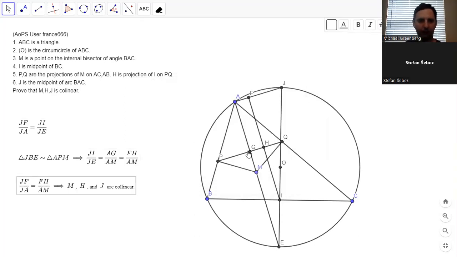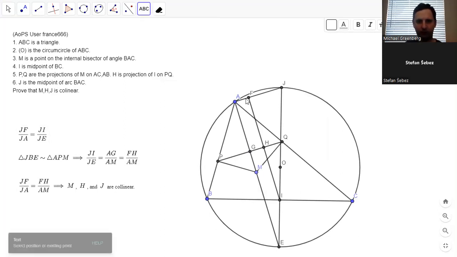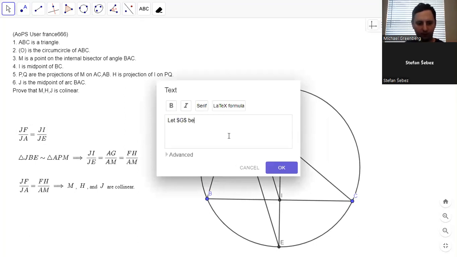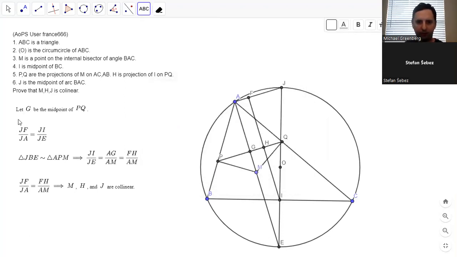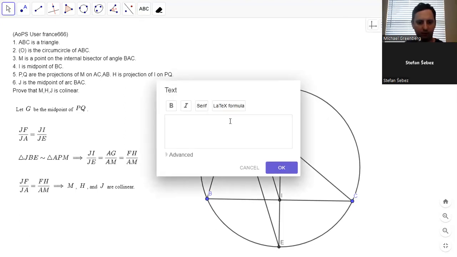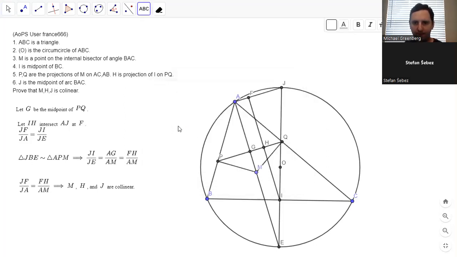Okay, so we already defined that. We just need to define: let G be the midpoint of PQ, and let F be the intersection of IH and BJ. Then AGHF is a rectangle.